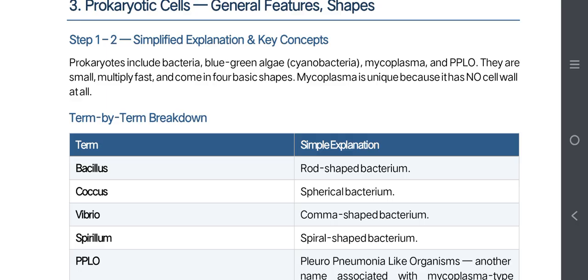They are small, multiply fast, and come with four basic shapes. Mycoplasma is unique because it has no cell wall at all. This is one of the basic NEET MCQs.